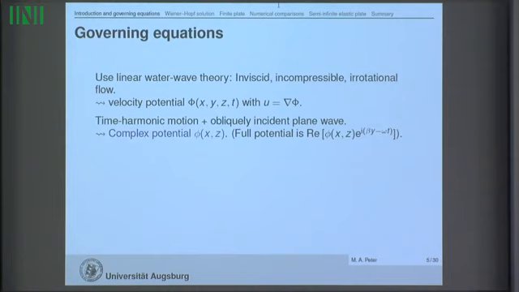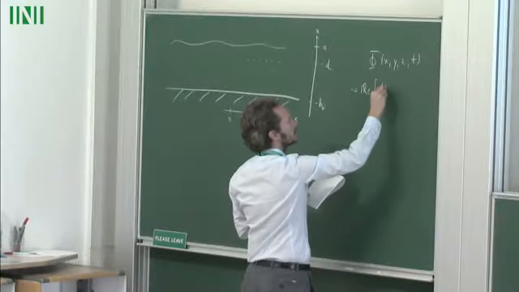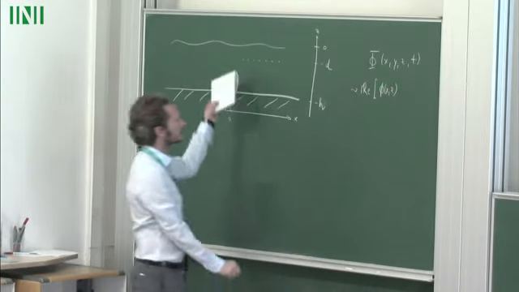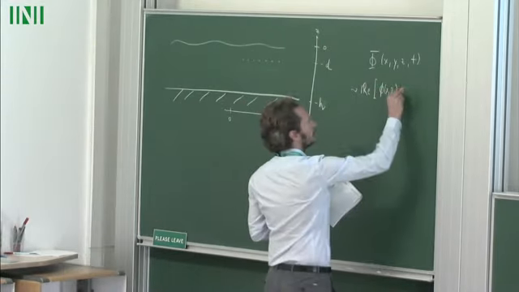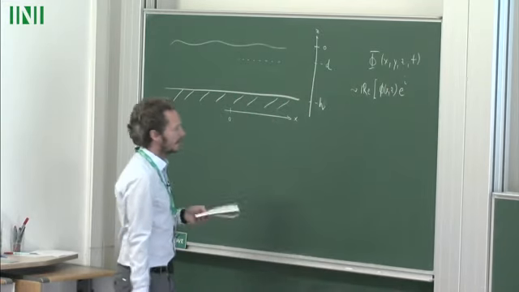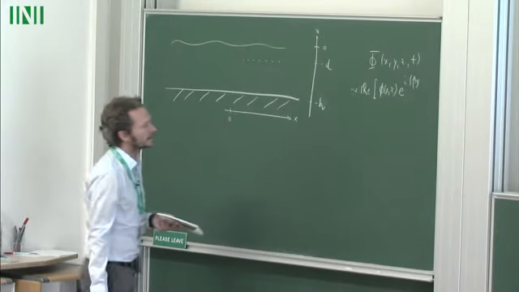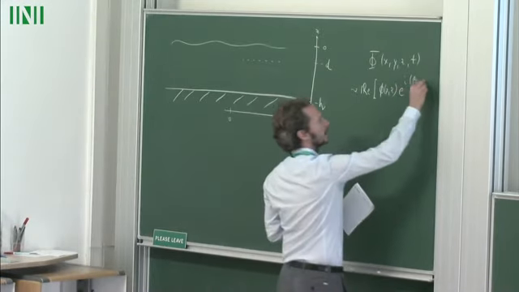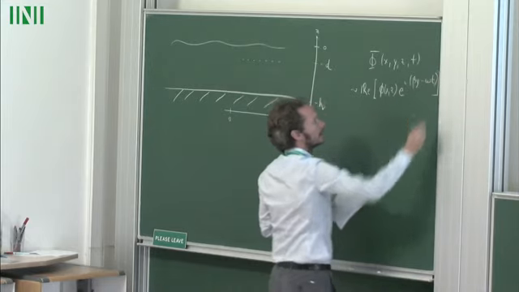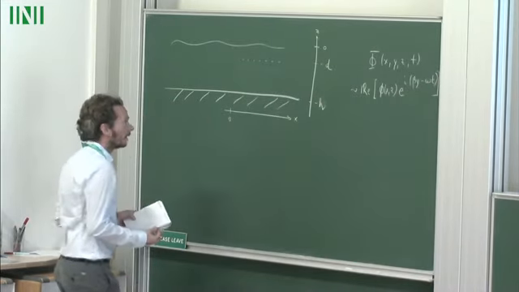So I've got my x, y, z, and t, and I reduce that to the real part of phi, which just depends on x and z. And then I look at obliquely incident waves, so I factor out an e to the i beta y. That's my y dependence. And the time dependence goes with e to the minus i omega t.